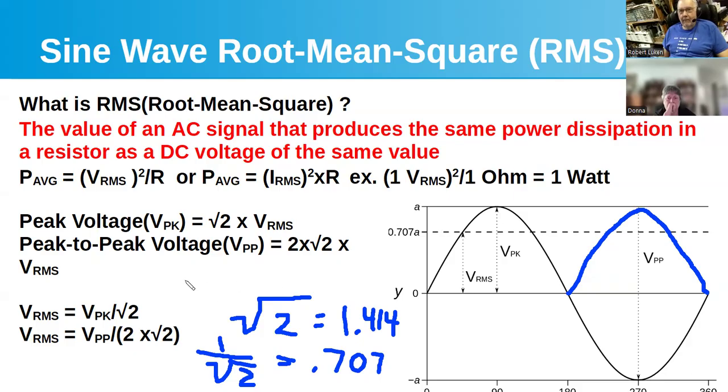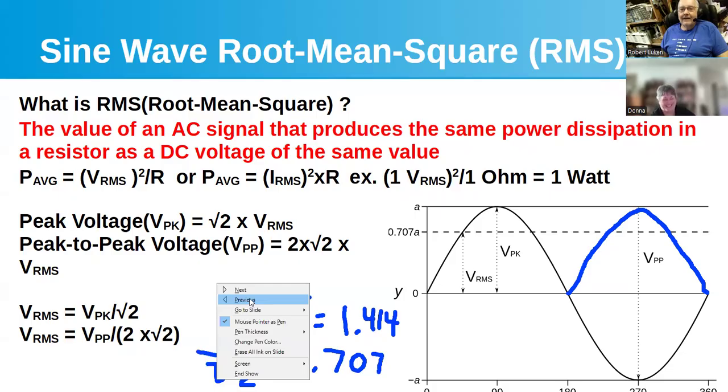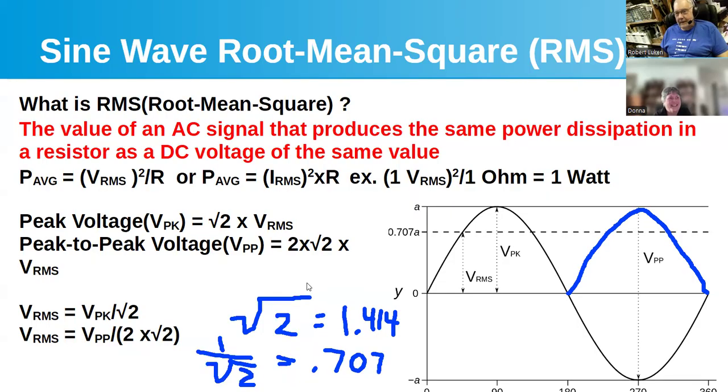Is that clear? I remember the 0.707. I don't know why, but I did. Yeah, 0.707 is the important one. It shows up a lot, like 2 pi does.